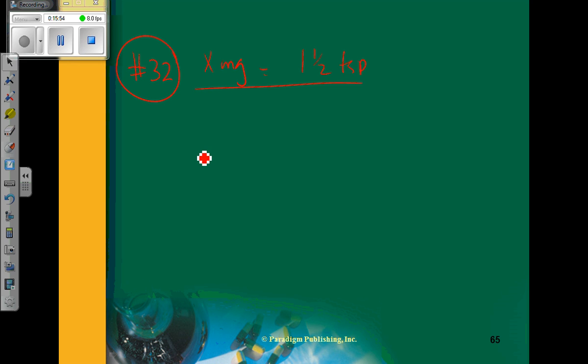So remember our Cefaclor label. It said we had 187 milligrams in 5 milliliters. And we're trying to find X milligrams. And we have 1.5 teaspoons. Okay, so what you want to do is convert that over into a decimal. So your decimal would be 1.5 teaspoons.